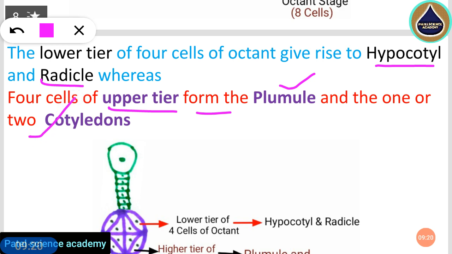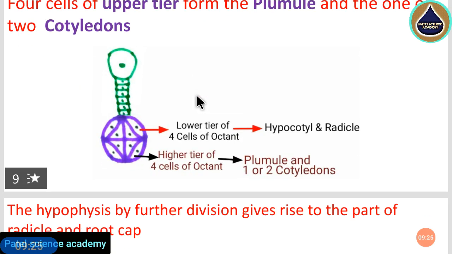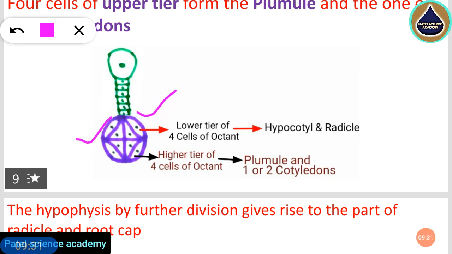So you can see here the changes in this structure, in this octant. This is the lower tier, and this is the upper, higher tier.